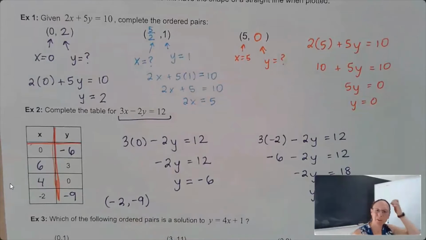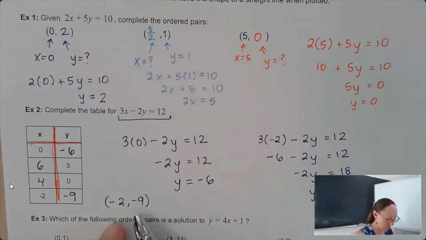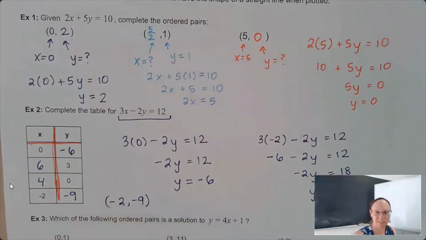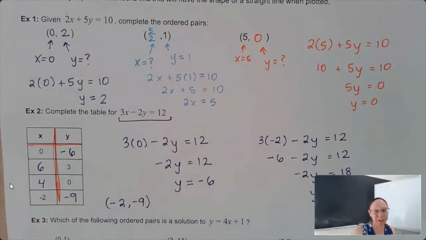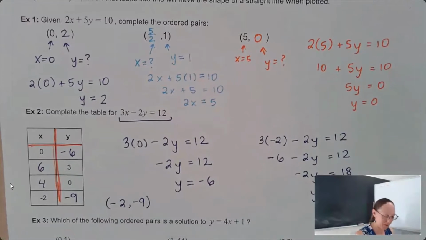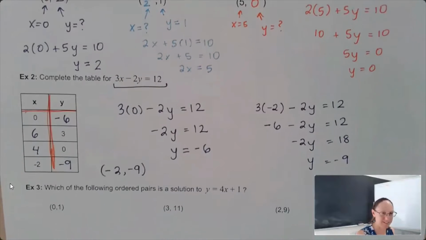If we have two numbers separated by a comma written in parentheses, we have to figure out from the context of the question whether that's an ordered pair, or a coordinate, or whether that's some sort of interval on the number line written in interval notation. Just wanted to point that out since we've been talking about putting answers in interval notation. This is not interval notation. This is telling us there's a single point, negative 2, negative 9. Keeping an eye on the chat in case that didn't make sense.